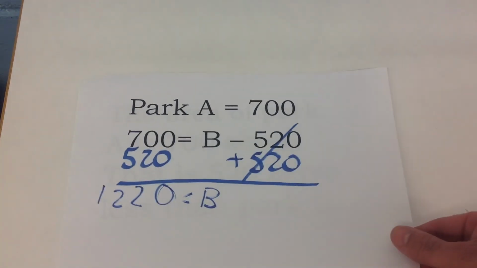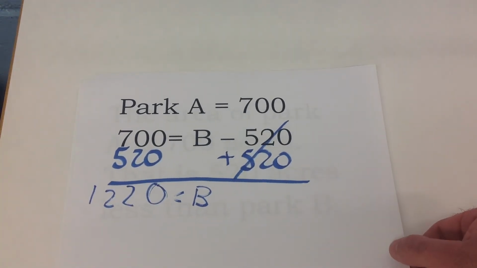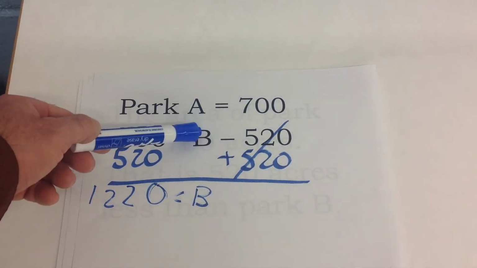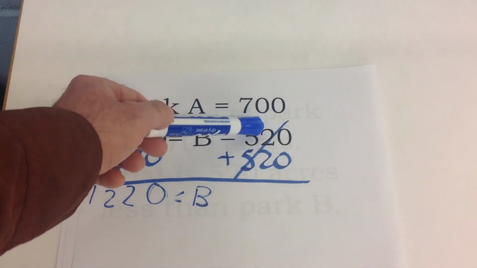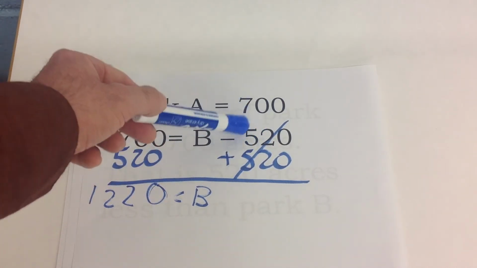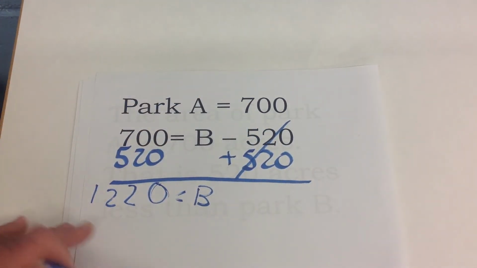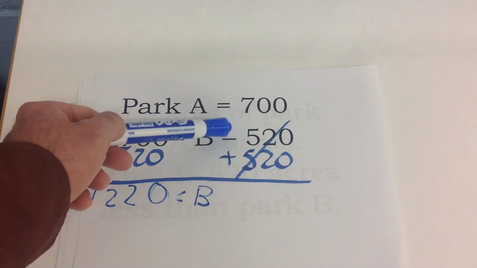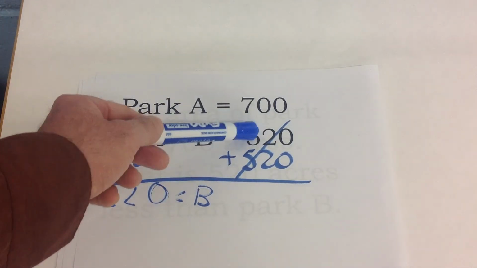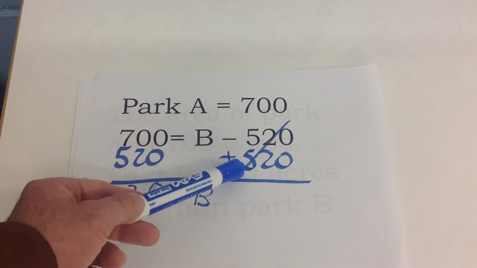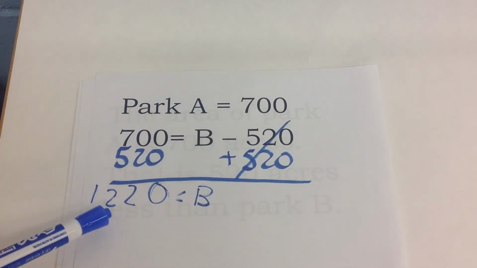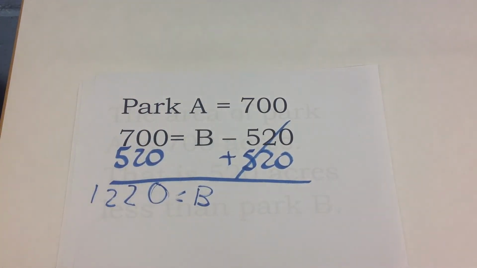Okay, well, we know Park A is 700, and we're trying to find what Park B is. Whatever Park B is, if we minus 520, we'll get Park A's acres. So it was minus 520. I added 520 on both sides. Whatever you do to one side, do to the other, and the acres of Park B are 1,220.